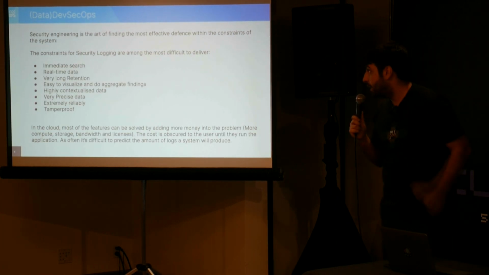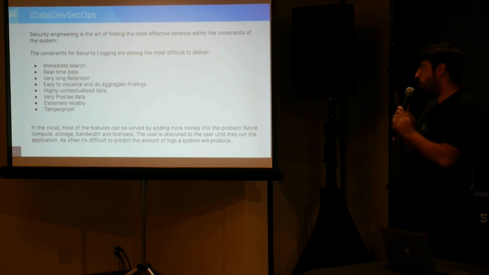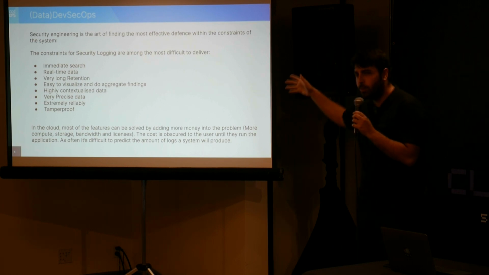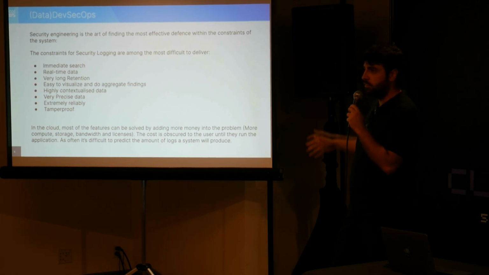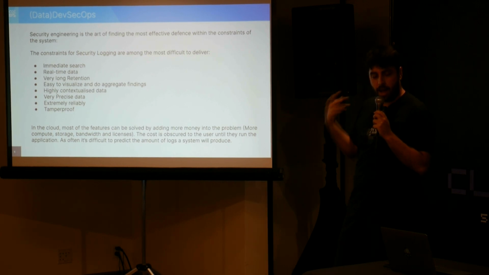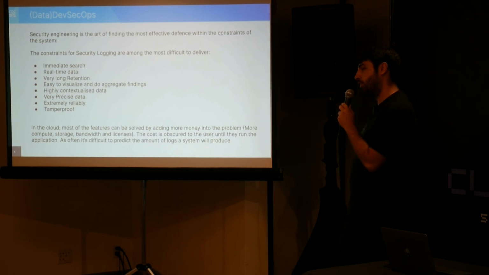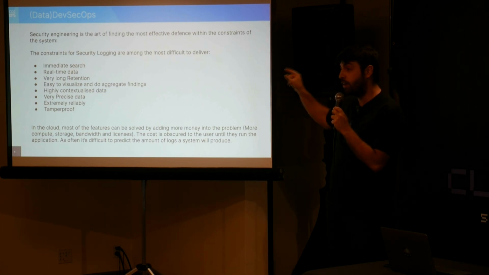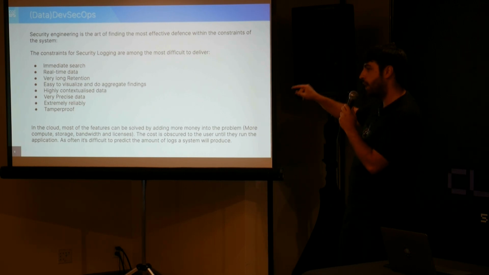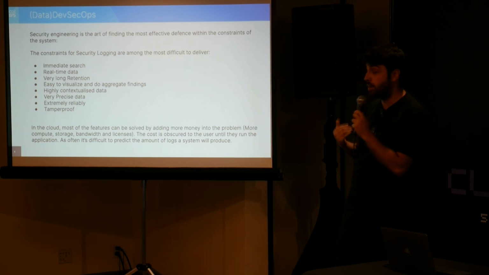So, data, DevSecOps. When you are building a data application, you need to think about the users. In this case, the users will be analysts and people doing forensic investigations. The problem is, the constraints for security logging are very stringent. Very few systems need real-time, immediate search, very long retention, like years of retention, highly contextualized data, and precise data, so you cannot do sampling.